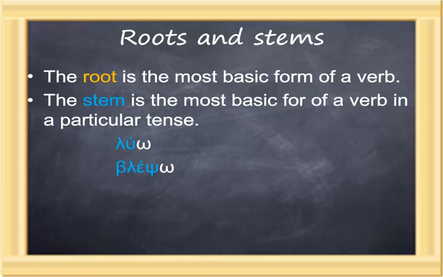A stem is the most basic form of a verb in a particular tense. So whereas there may be one root for the verb as a whole, there will be different stems. The stem is the basic form in a particular tense. So, for example, luo, the present stem, is lu. Bleps, the future stem, is bleps.